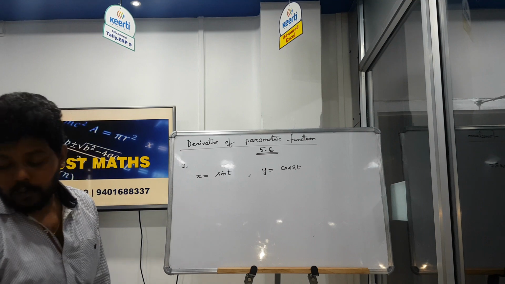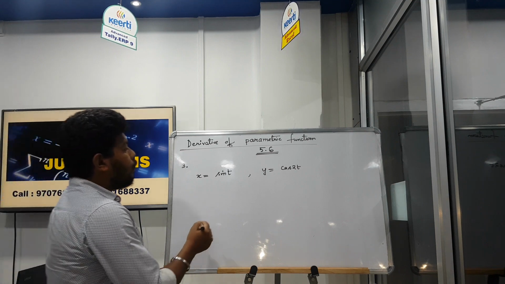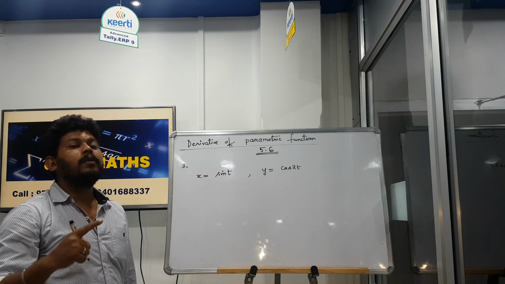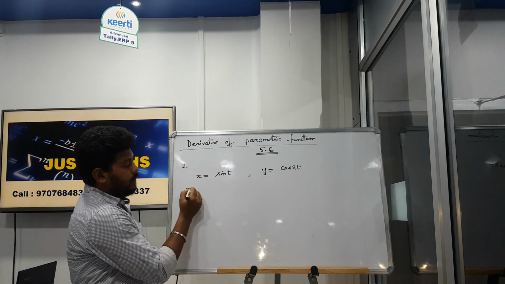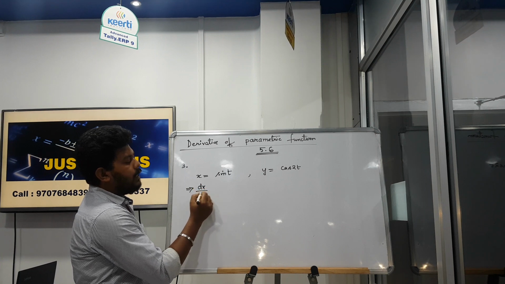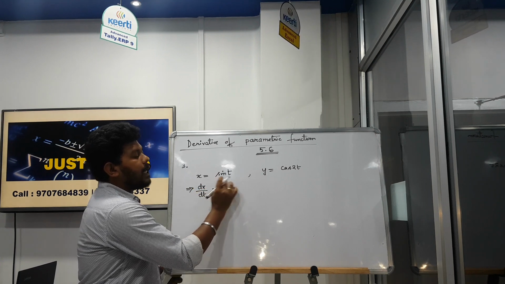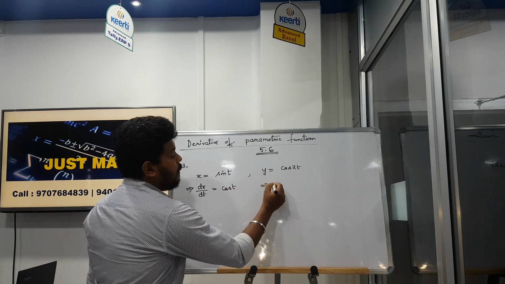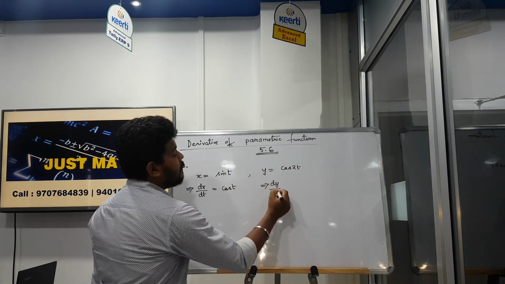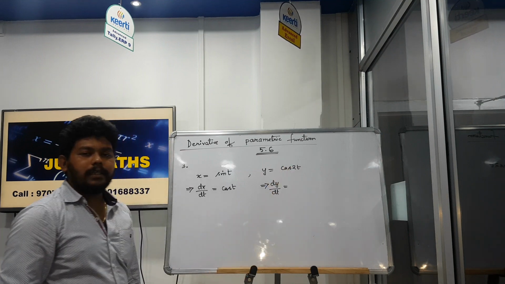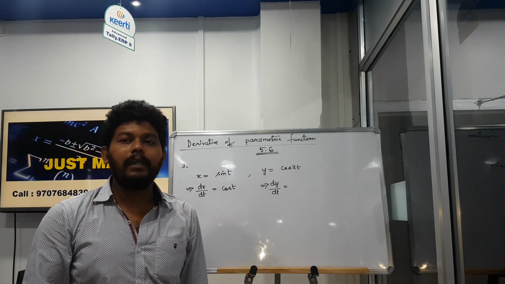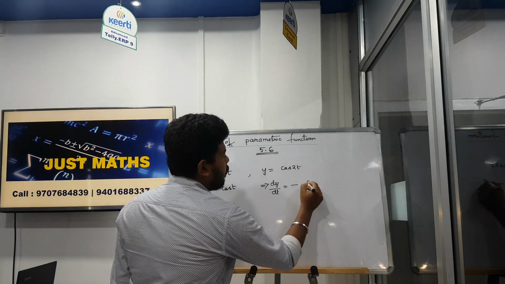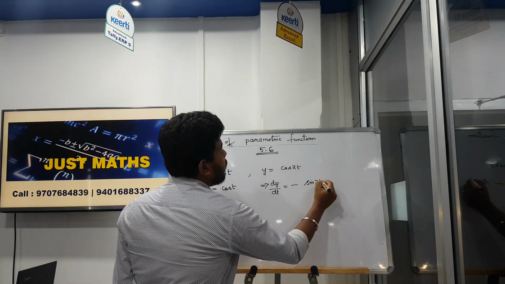Now we will differentiate x and y with respect to t, that is dx by dt. For sin t, the derivative is cos t. Similarly, dy by dt will be, for cos theta the derivative is minus sin theta. Hence, it is minus of sin twice t.